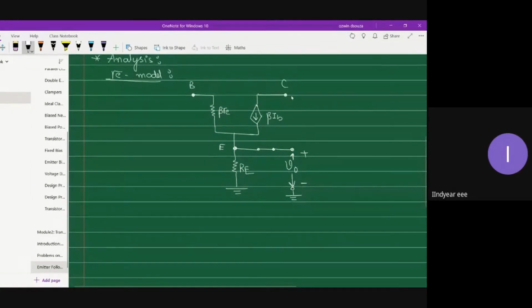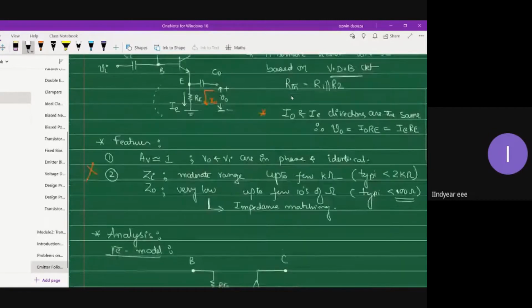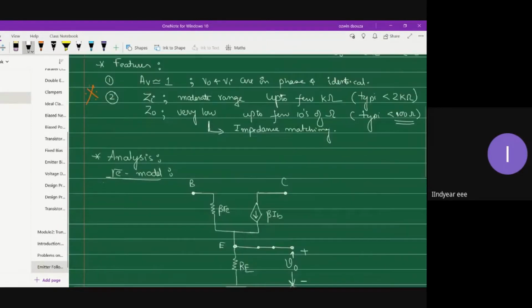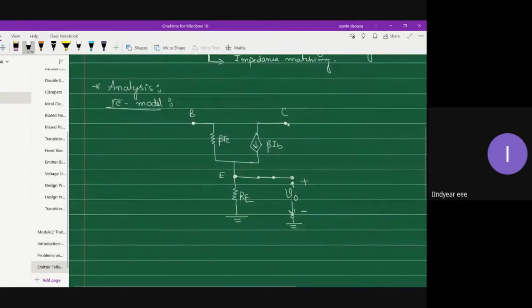And the collector terminal, what will happen to the collector terminal? Can anyone tell me? This collector terminal is directly connected to VCC, and for AC analysis, VCC is grounded. So collector is held at ground potential. So this collector terminal is simply connected to ground. And on the input side, you have the base resistor RB.